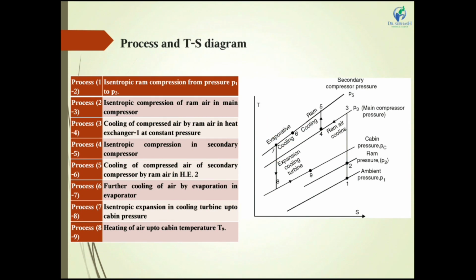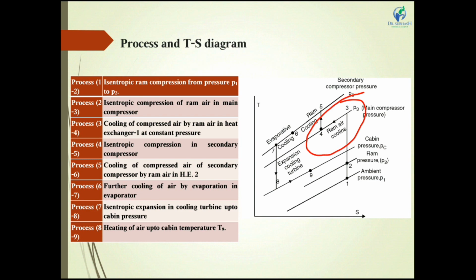Process 1 to 2 is isentropic ram compression from pressure P1; there is a ram pressure rise from process 1 to 2. Then process 2 to 3 is isentropic compression of the ram air in the main compressor, which compresses the air to high pressure and high temperature. Then the compressed air passes through the first heat exchanger in process 3 to 4, where we remove heat to the atmospheric condition.